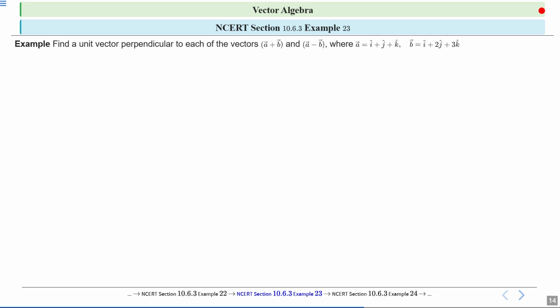You can remember i cap, j cap, and k cap are basically unit vectors along x, y, and z axis. So we will need to use the concept of the cross product to find a vector perpendicular to both given vectors, right? So let's see how we can solve this.